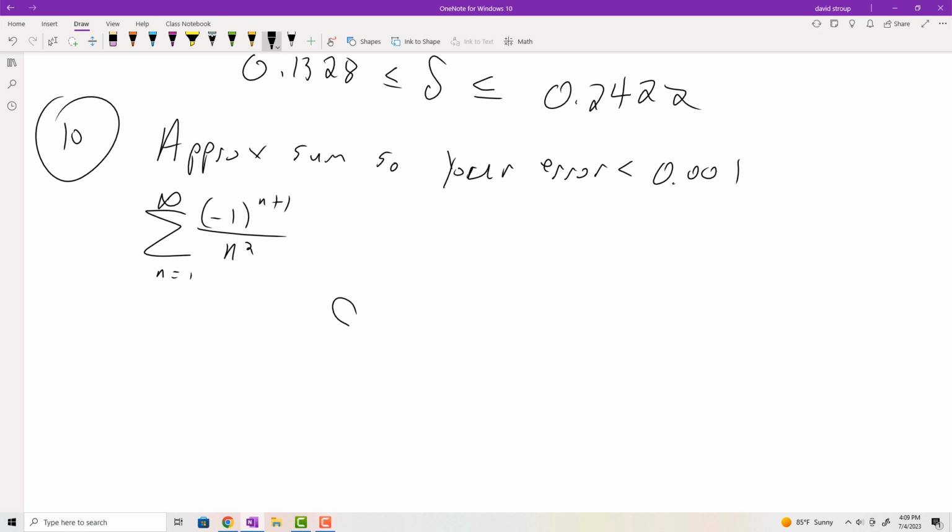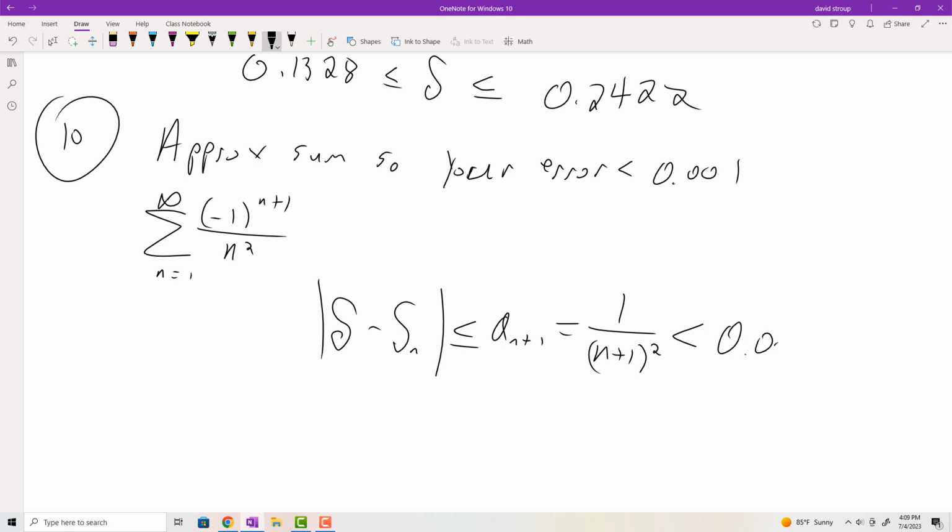We know that S minus S sub n, and n is unknown, is less than or equal to a sub n plus 1. And in this case, a sub n plus 1 is 1 all over (n plus 1) squared. And we want that thing to be less than 0.001.